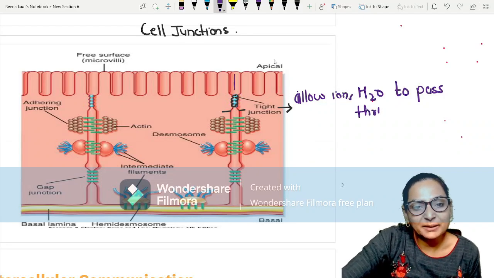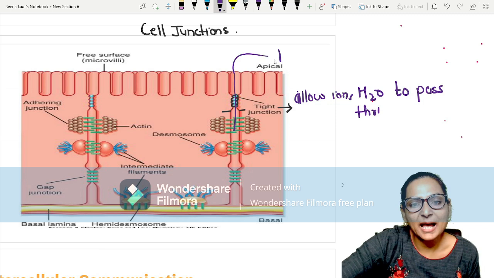Because it is passing between two cells, it is called paracellular transport.